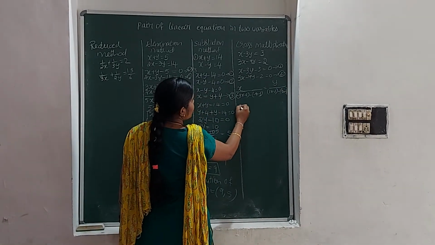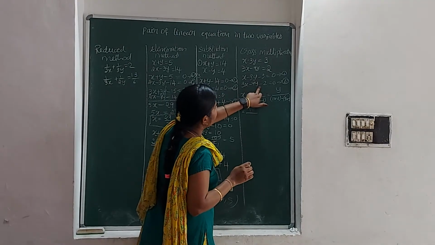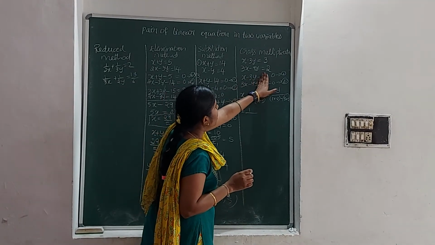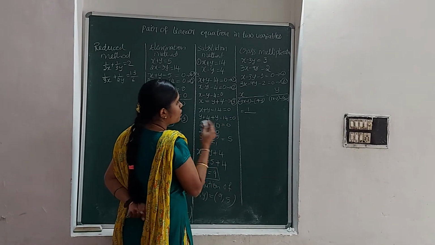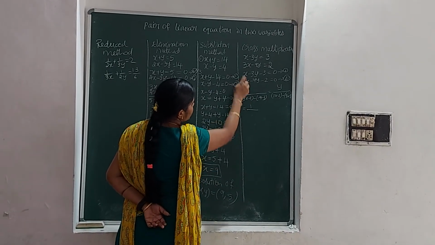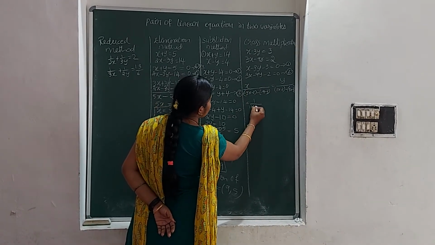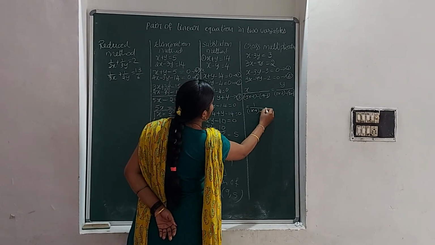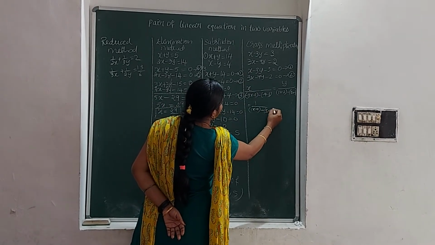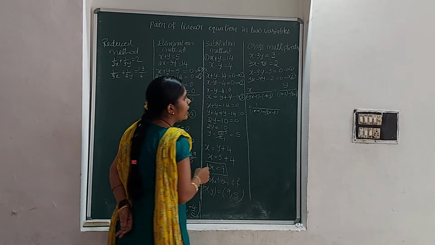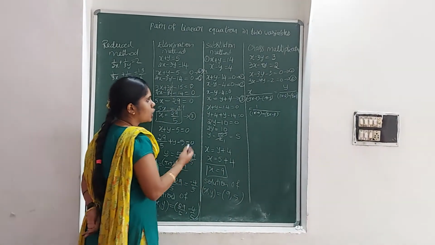Then the last one is the constant term. Concentrating on this, you forget about the constant term, concentrate on the x and variable terms, and you have to cross them. Here there is no coefficient, so 1 will be there, 1 into your y coefficient, minus 9, minus of, then your 3 is there, your minus 3 is there, 3 into minus 3. So this is the way we have to cross the coefficients and constant terms.